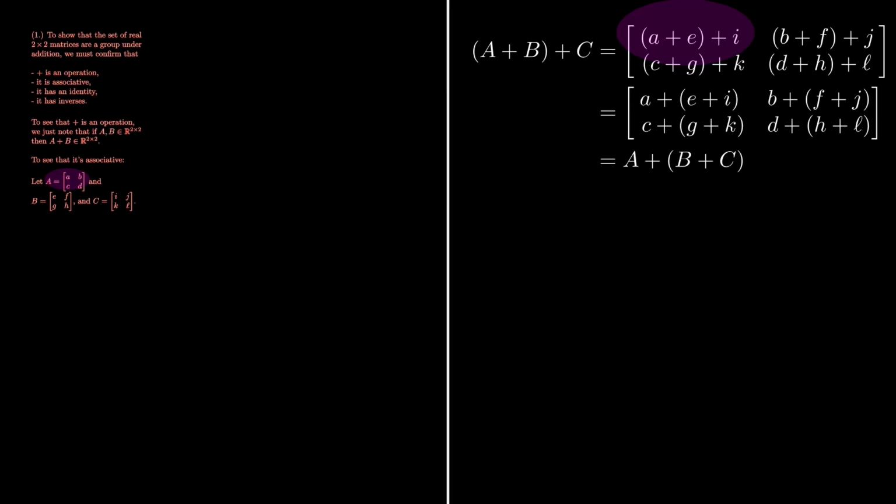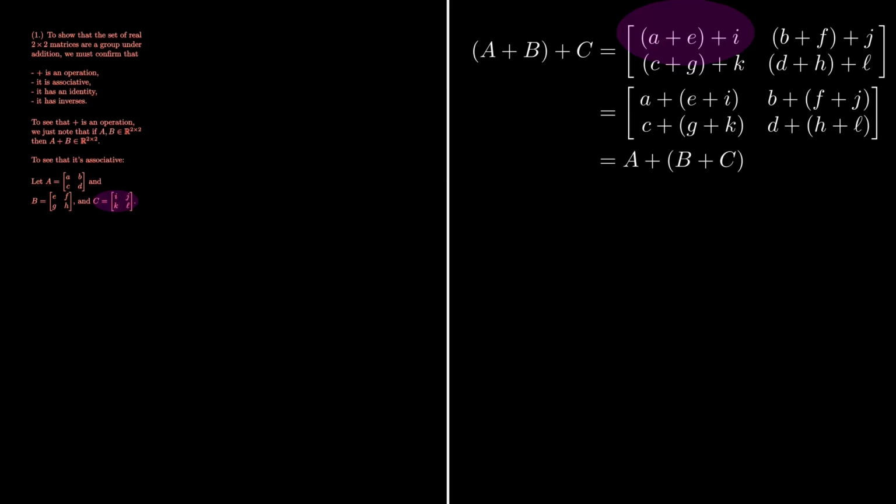So the upper left coordinate of matrix A was lowercase a. The upper left coordinate of matrix B was lowercase e. And since those are in parentheses, those get computed first, so we sum them together. Then after that is done, we take the upper left coordinate of matrix C, given by the variable i, and that gets added next.